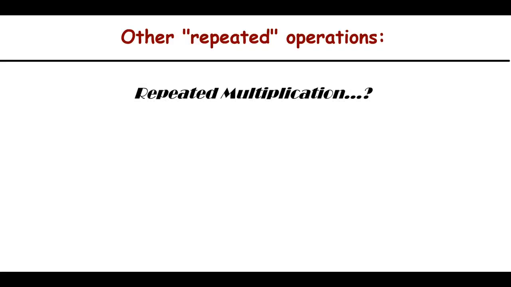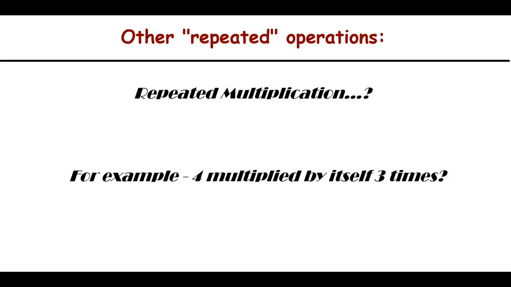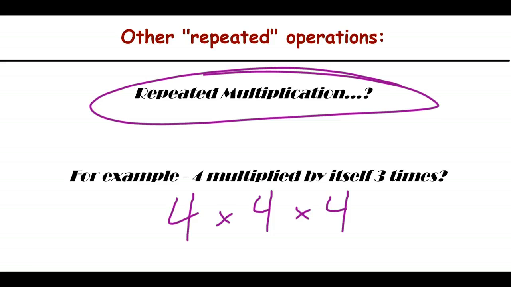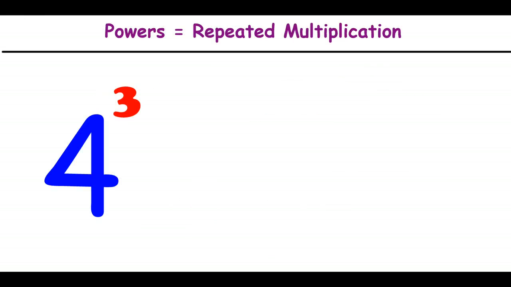For example, how would we represent that we want to multiply 4 by itself 3 times? So we're looking at something like 4 times 4 times 4. And how would we represent that, particularly if we're talking about repeated multiplication? And it turns out that this idea of repeated multiplication is exactly what we use powers for. So powers represent repeated multiplication.